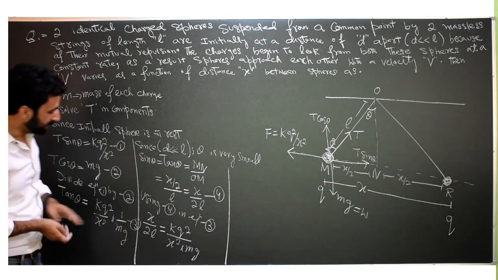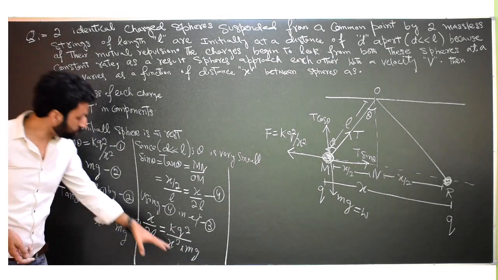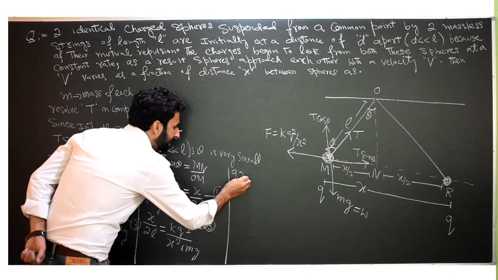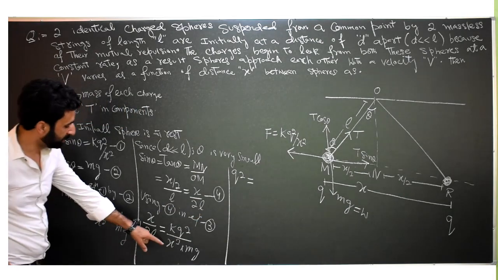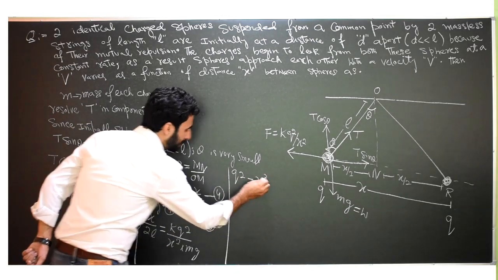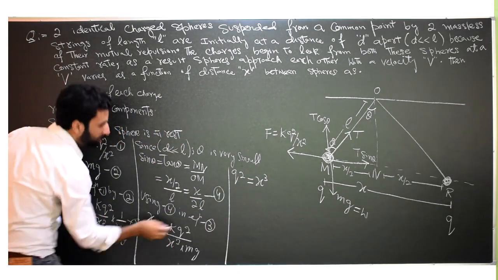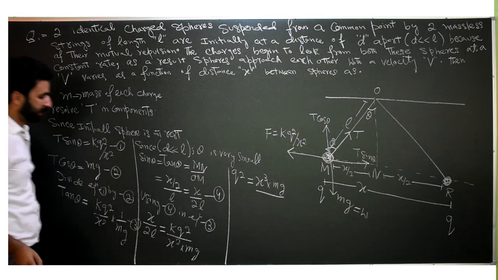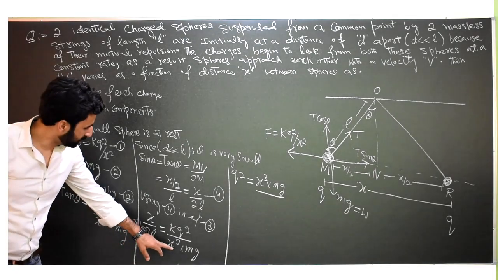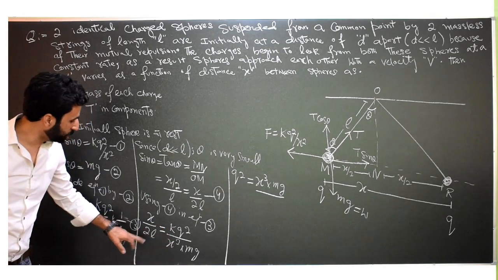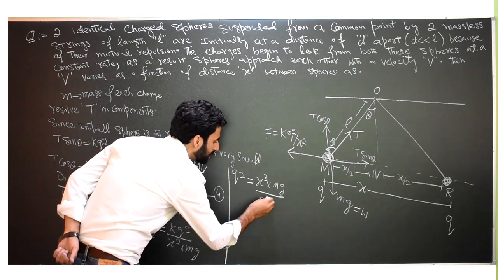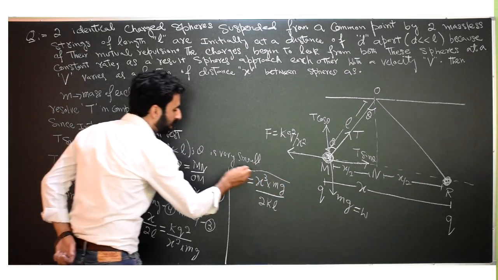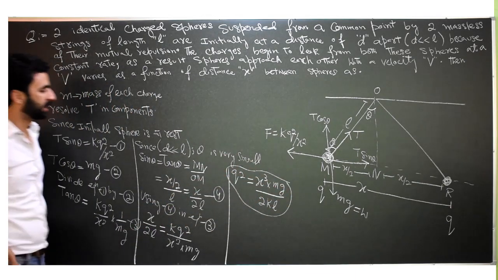Simplifying it, taking q square on one side and all the other terms on the other side, we have q square equal to x square into x, which is x cube, multiplied by mg, divided by k into 2L, or 2kL. So this is the relation between charge and other related quantities.